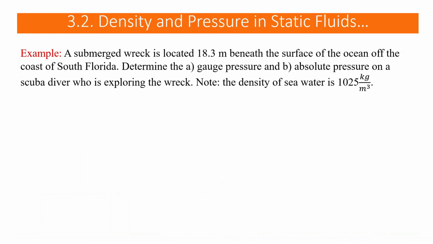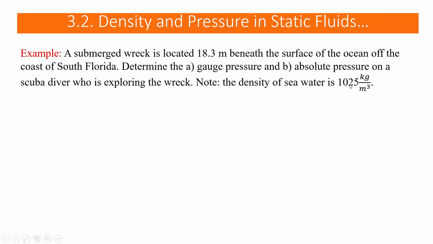The next slide contains an example and says that a submerged wreck is located 18.3 meters beneath the surface of the ocean off the coast of South Florida. Determine the gauge pressure and the absolute pressure for a scuba diver who is exploring this wreck. Know that 1025 kilograms per meter cubed is the rho value for the ocean.